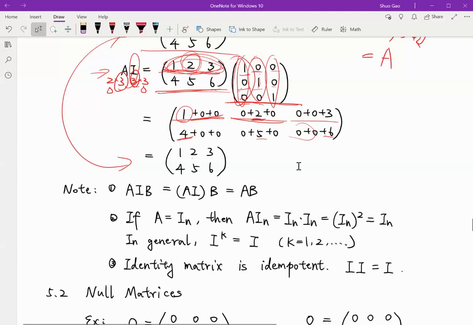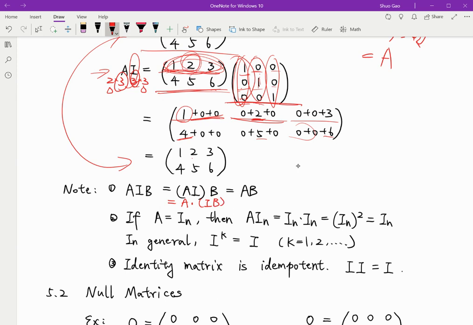So here are some notes. First, A times I times B. So A and B are just any kind of matrices. You calculate A times I first and then times B. Right? But it's also equal to A times the result of I times B. Right?